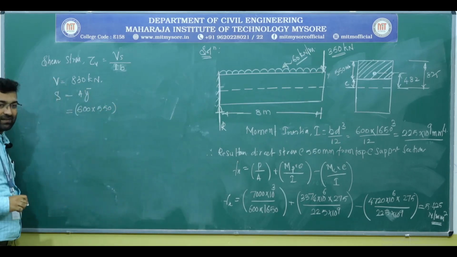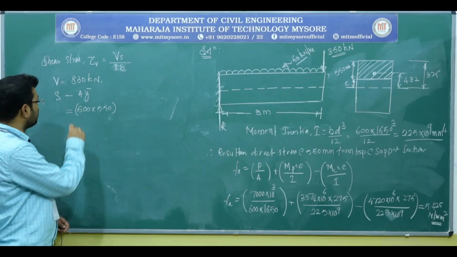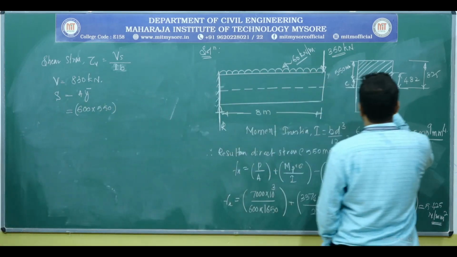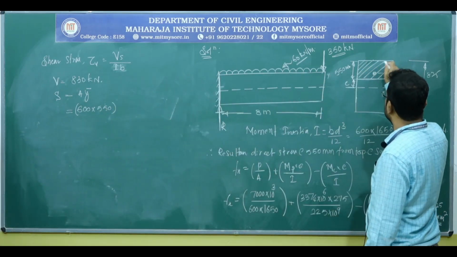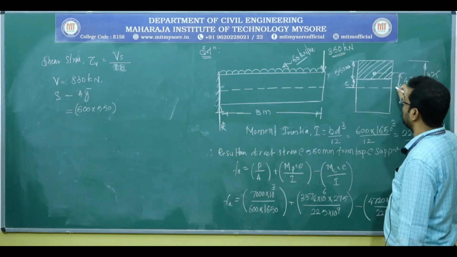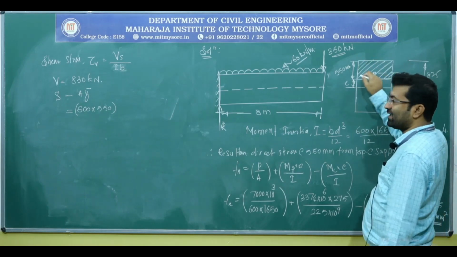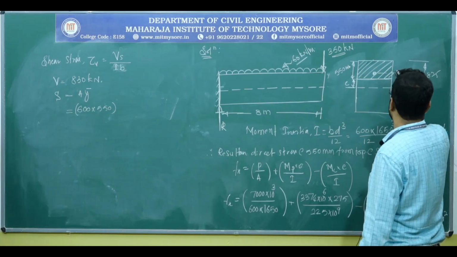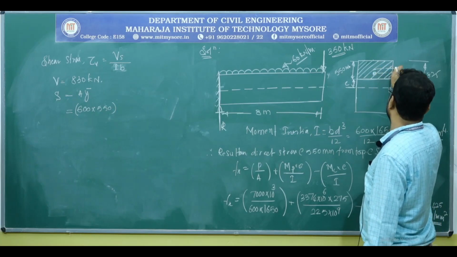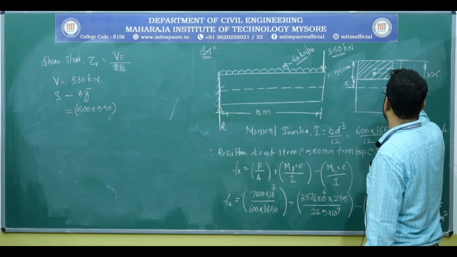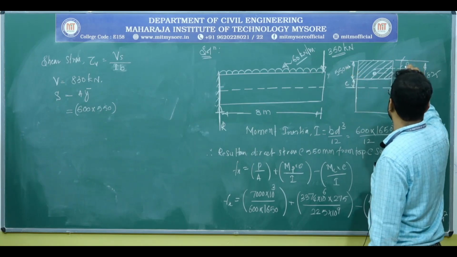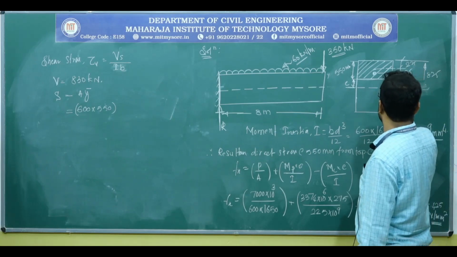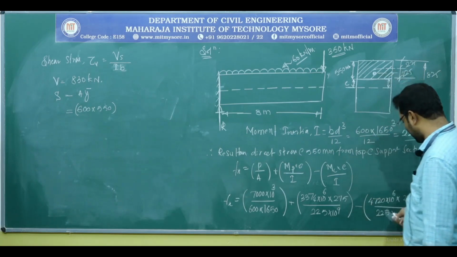Now what is the distance of the center of this much area with respect to the neutral axis? I need to find the center of this much area with respect to the neutral axis. So this is 550 and it is a rectangular area. So the center will be exactly somewhere here, at a distance of 225, because this is 550, it means it is 225 and 225. Now how much is this? That is eccentricity.